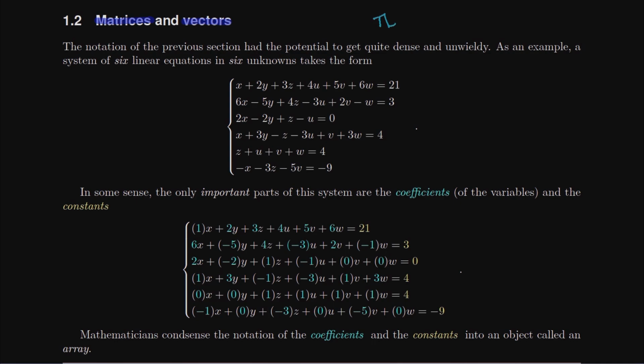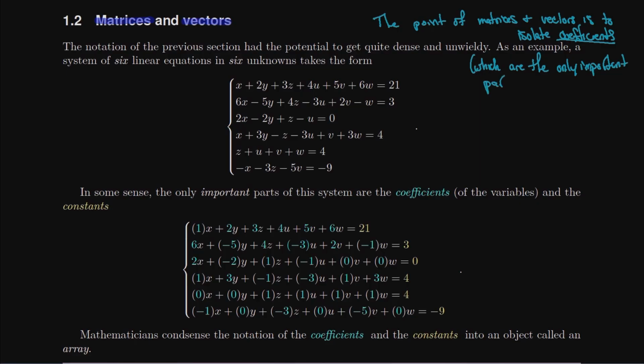The point of matrices and vectors is to isolate coefficients, which are the only important parts of linear equations.